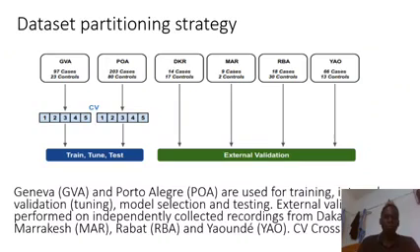Then the remaining four were used in what? In external validation. So Geneva and Porto Alegre were used for training and tuning, and then model selection and testing. Then external validation was performed on independently collected recordings from Dakar, Marrakesh, Rabat, and Yaoundé.